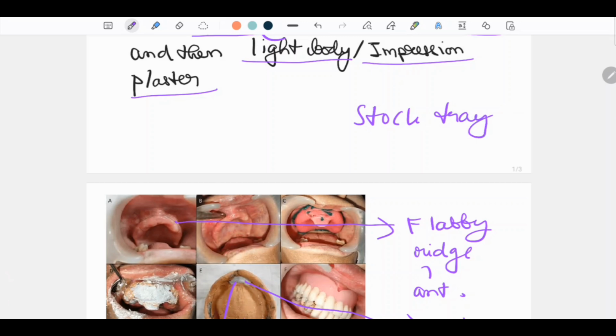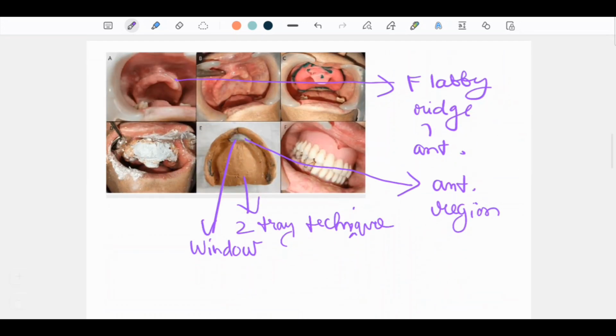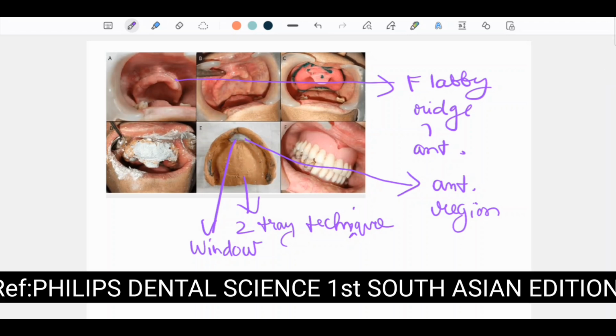Stock tray is nothing but a general tray used for various kinds of patients, but it's not much of customization. So the alginate impression we take primarily, and we pour a cast and get a cast. Over there we are going to make a custom tray.